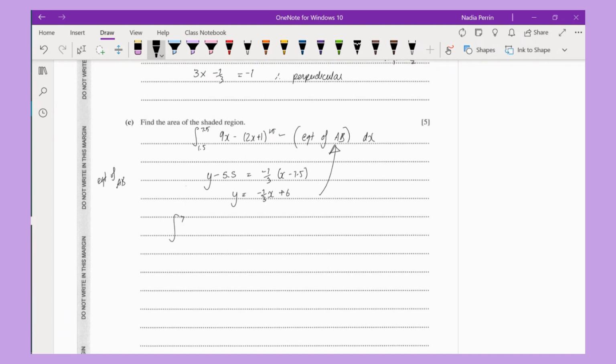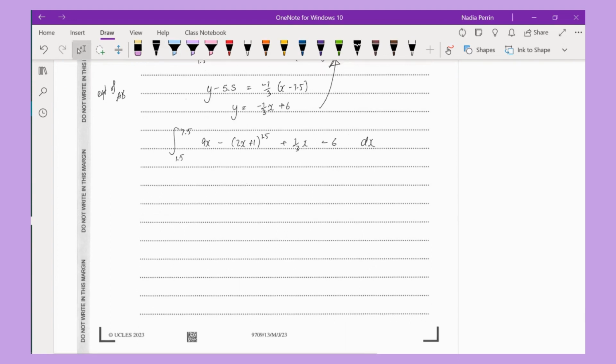And then that's going to go in here. So we're integrating all of this beautiful stuff. We're subtracting it, so minus negative 1/3, it's going to become positive, and minus 6. You can work them out separately if you prefer. Okay, so now we want to integrate it. So adding 1 to the power, dividing by the new power, 4.5.